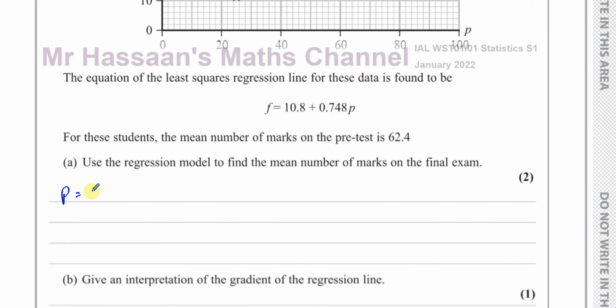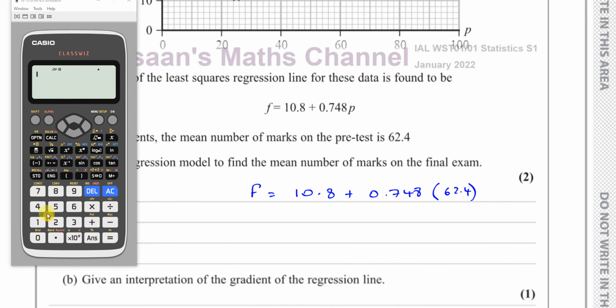So P equals 62.4. Therefore, F will be 10.8 plus 0.748 times 62.4.